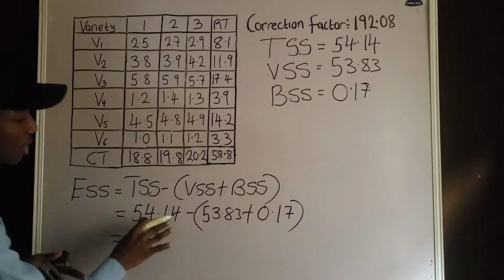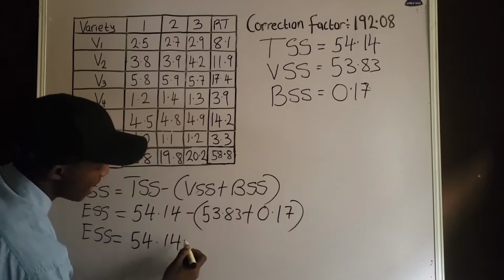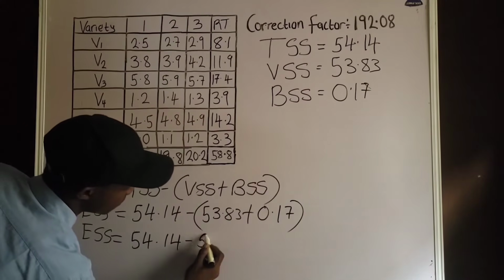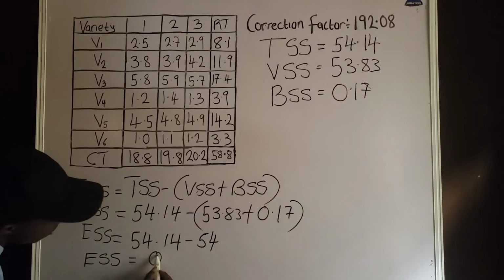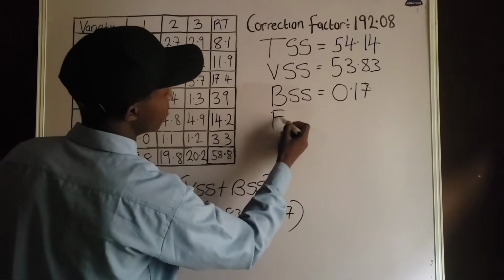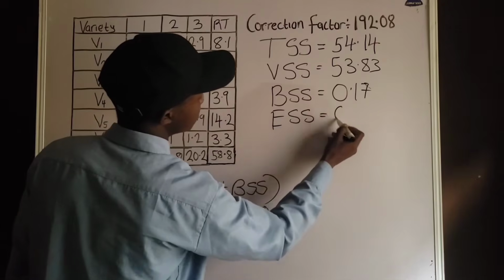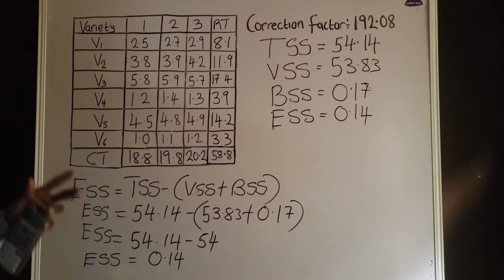If you add these together, you get 54.14 minus 54. So the error sum of squared is equal to 0.14. Okay, now we have gotten the total sum of squared, variety sum of squared, block sum of squared, and the error sum of squared.